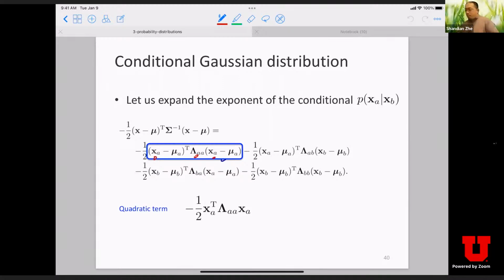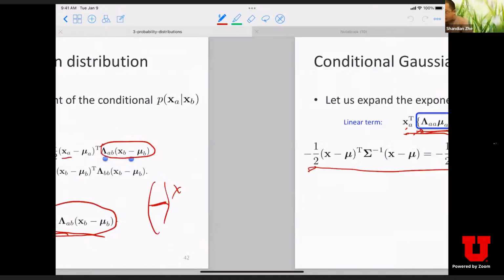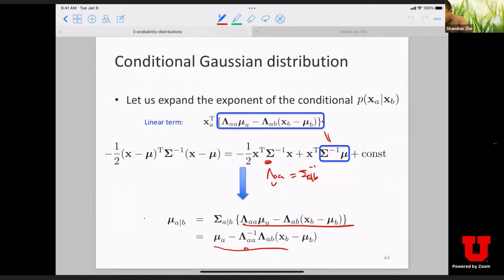Okay. So now the remaining thing is, how do we get the precision matrix? We know that big lambda is sigma inverse. If we want to get the conditional mean and the conditional covariance, we need to know what is inside this precision matrix.